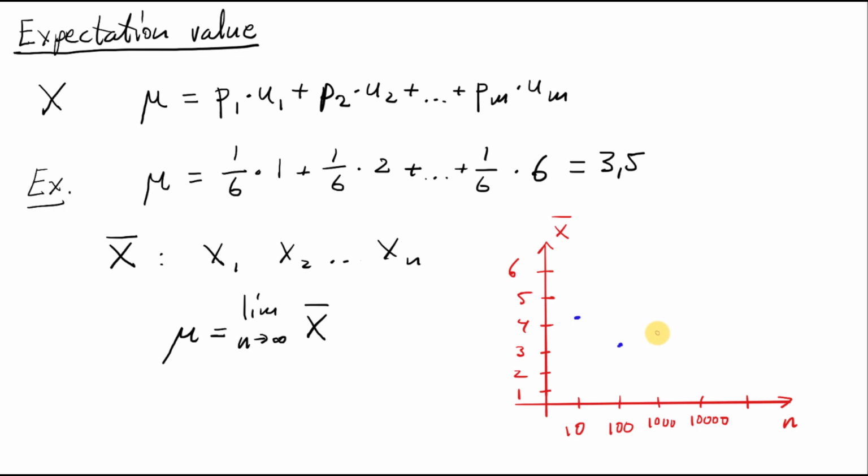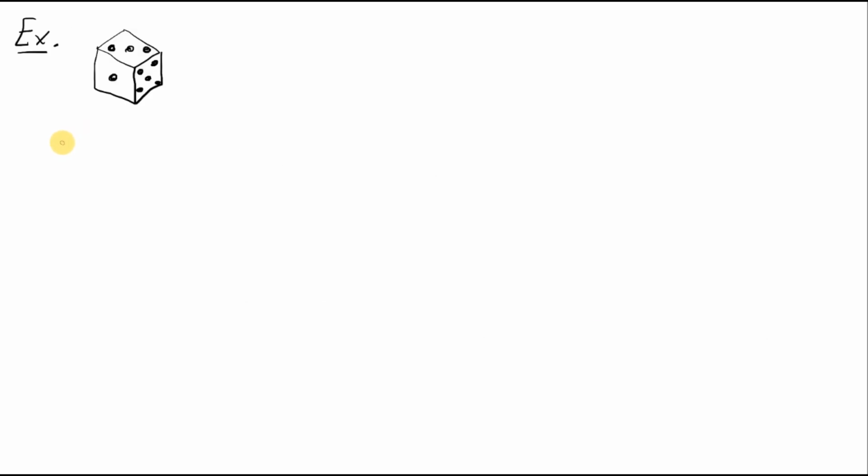And then if 10,000 times, then maybe this, and 10,000 times like this. And if we now connect these points, we get this. And here we have the line corresponding to 3.5. That is the expectation value. So we see that the mean will approach the expectation value when the number of times we throw the die increases. Let's take an example.